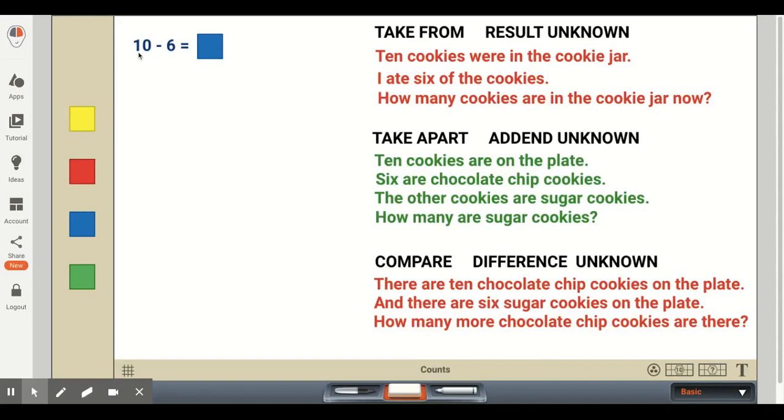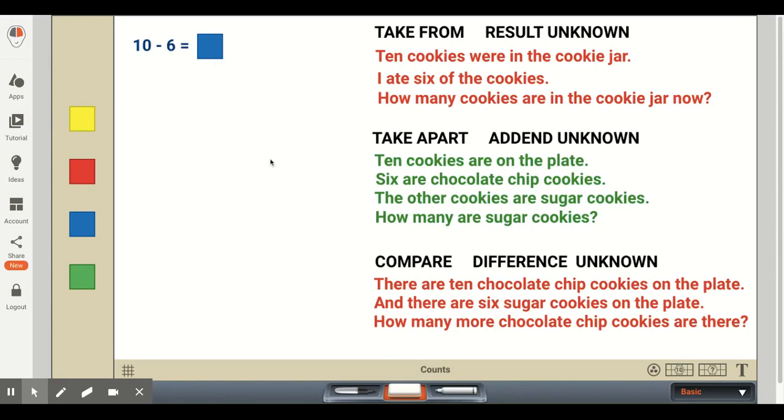So it would be 10 minus 6 is equal to some amount. Some first graders might set this up as an addition problem where they might say 6 plus some amount is equal to 10. And that some amount would be that same answer of 4.